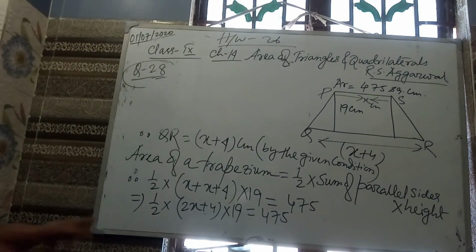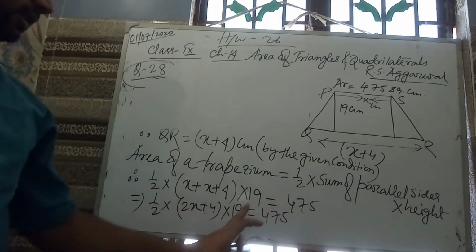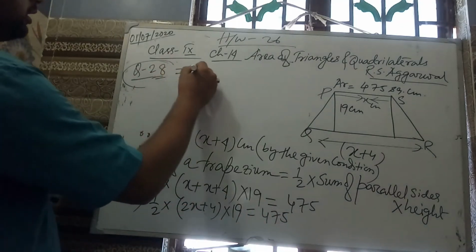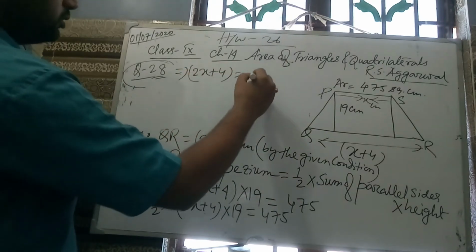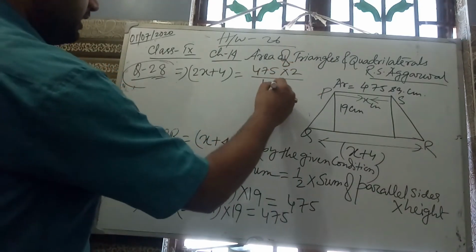Calculate the value of x. These 2 will be multiplied with 475, and this 19 we have to divide. That implies 2x plus 4 equals 475 into 2 by 19.